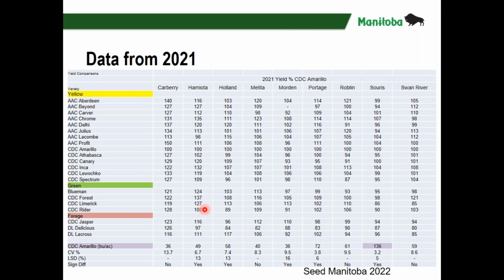Well, that's your 100% here in Hamiota. So a variety that is 116% is statistically higher. But if you look at Delicious, which is only 97% of Ryder, then those two varieties statistically are considered to be equal. So that's how you use these tables. You go across and use the LSD for each site, and that's how you can tell which varieties did well and which varieties didn't.